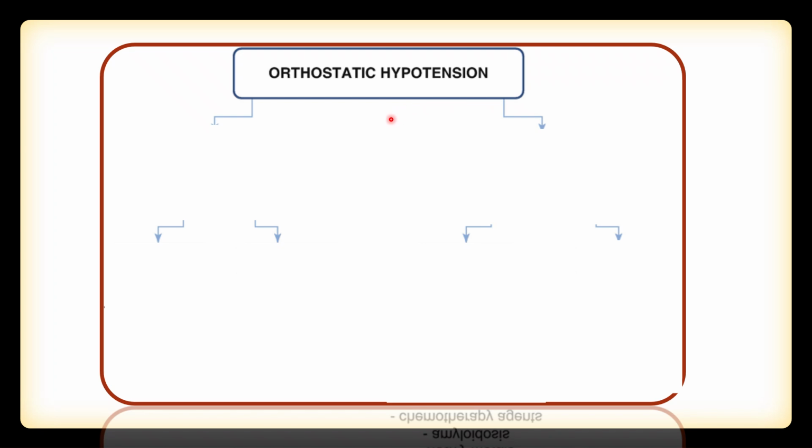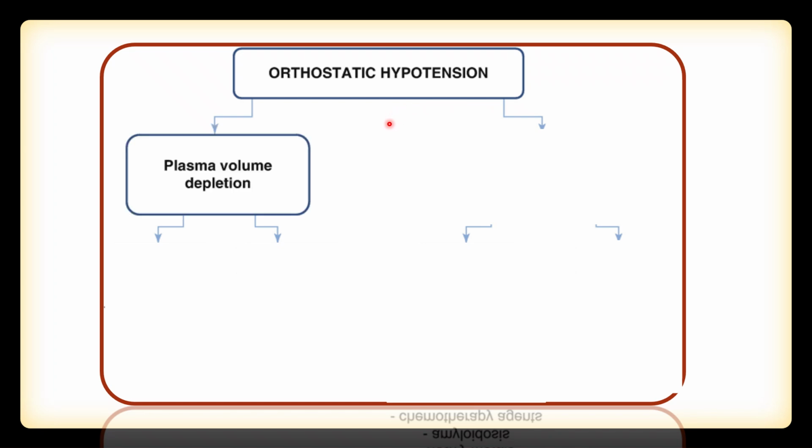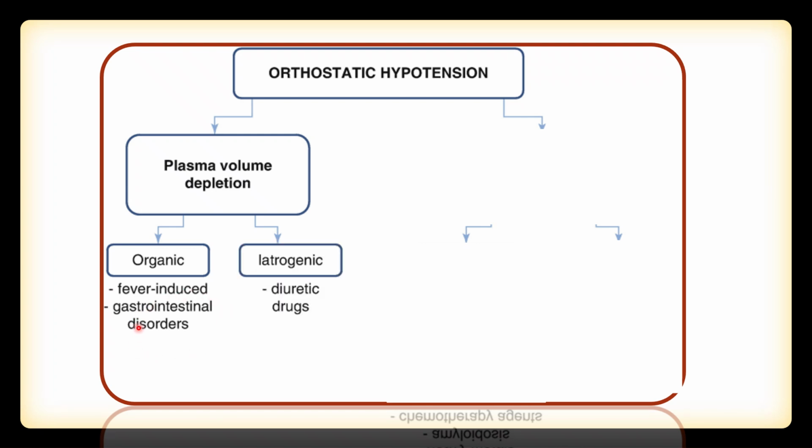What are the causes of orthostatic hypotension? One, it may be due to plasma volume depletion. The plasma volume depletion can occur organically, during fever or GI disorders like diarrhea or vomiting, or it may be iatrogenic also. Use of diuretic drugs can cause this.